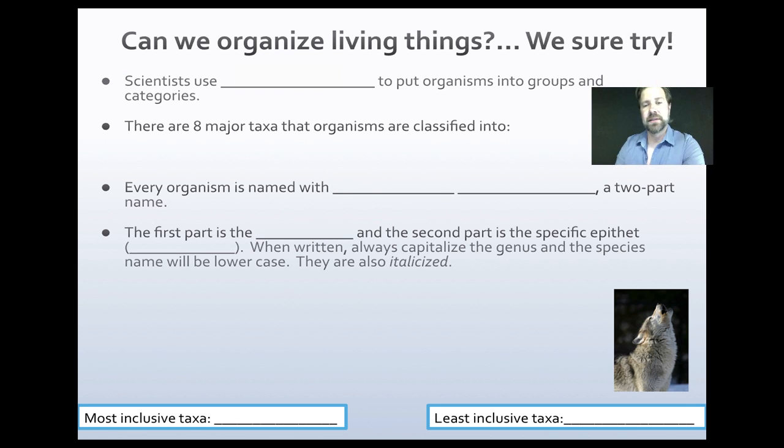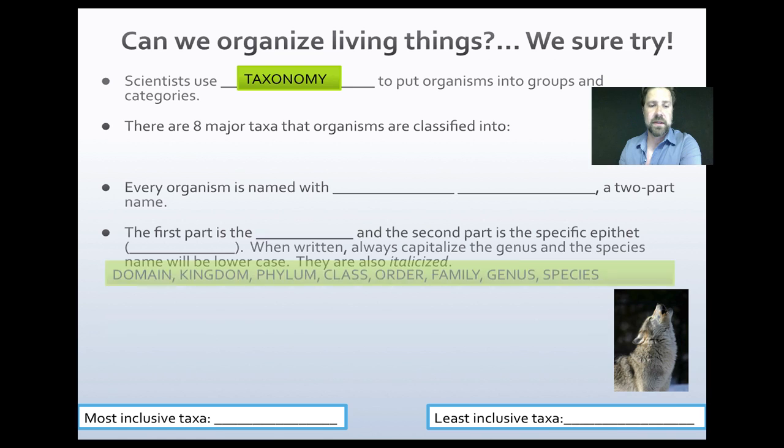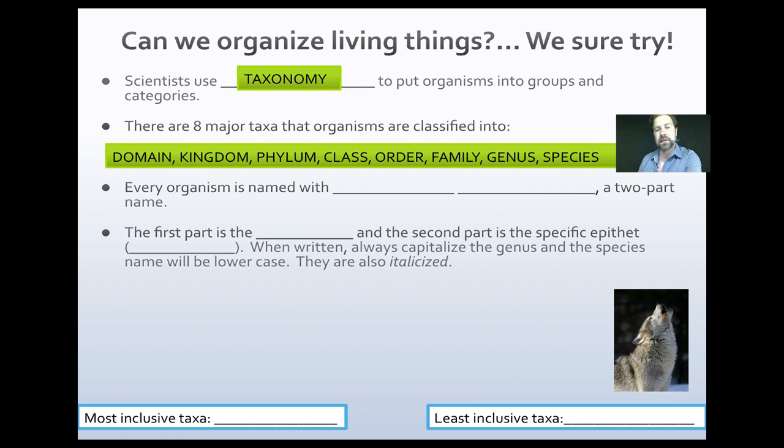Can we organize living things? Well, we definitely try. We use a branch of biology called taxonomy to put organisms into groups and categories. And there's 8 major taxa that organisms are classified into. And they go like this: domain, kingdom, phylum, class, order, family, genus, species. Now, how do you remember those in order?